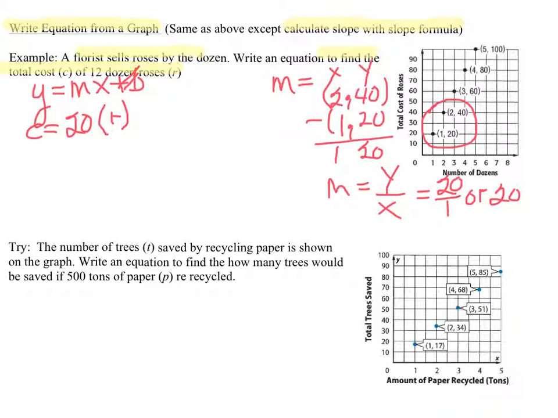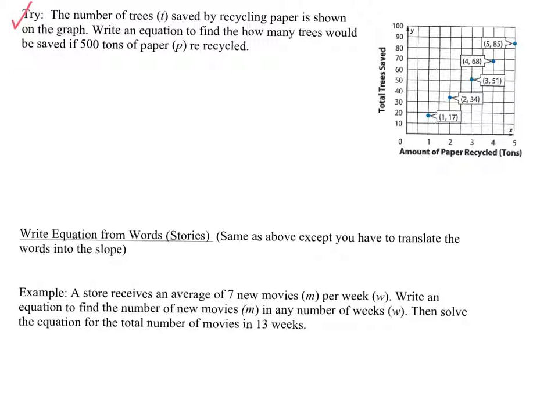More specifically, times the dozens of roses. That gives us the equation C equals 20 times 12, and the total cost will be $240. Note that we are not using B because it is the y-intercept of 0 in this case, so it doesn't add to our total. Okay, now you try this one.